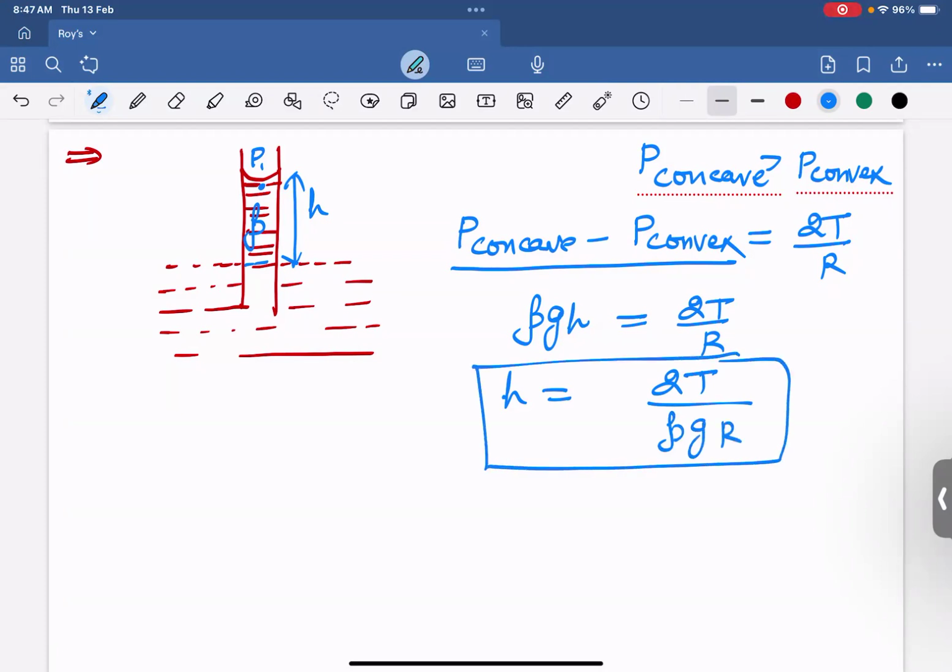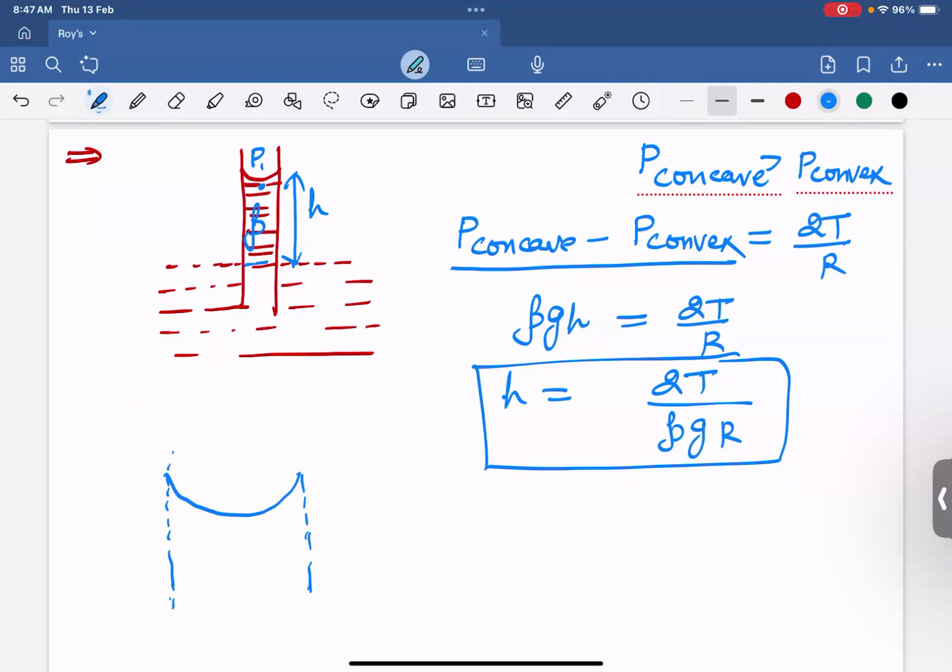Now here, what is R? If I draw this a little bigger here to make you understand, let's suppose this is the meniscus that I have drawn in this tube here. Just zooming slightly, understand. So R is what?